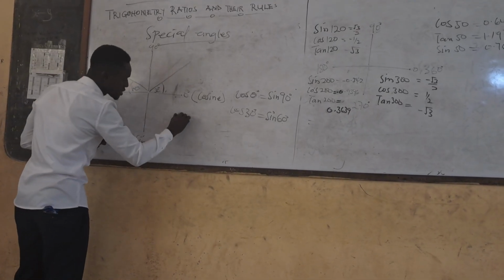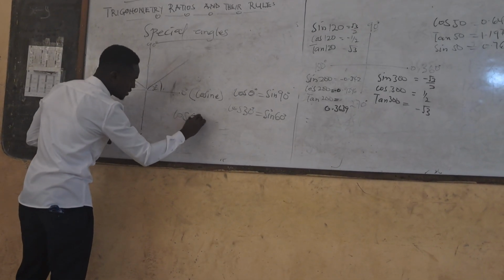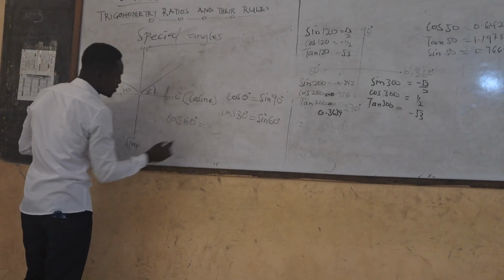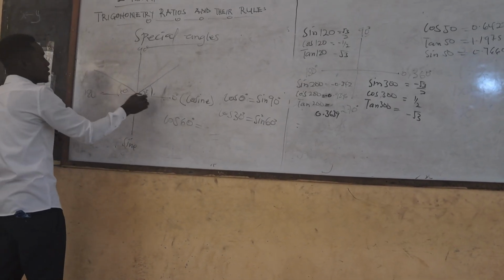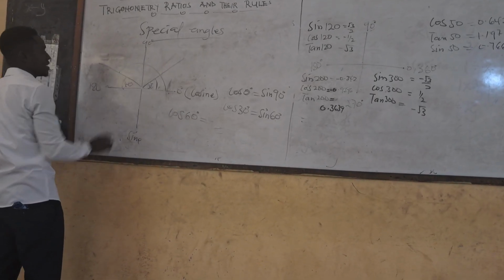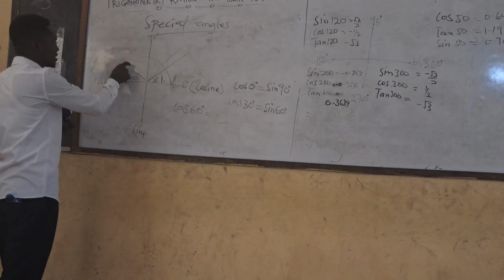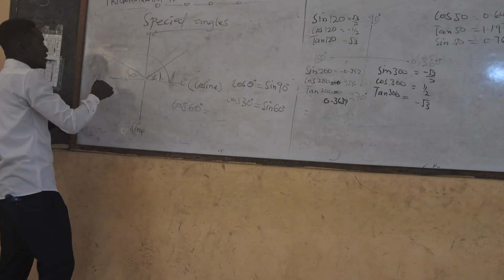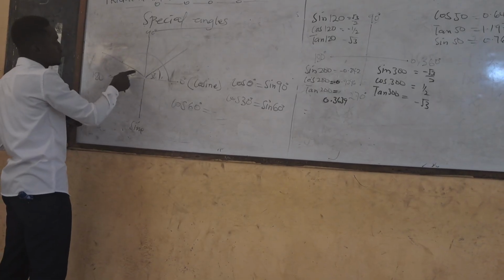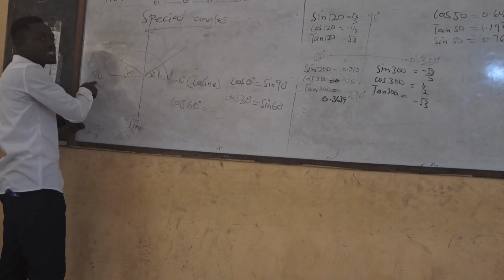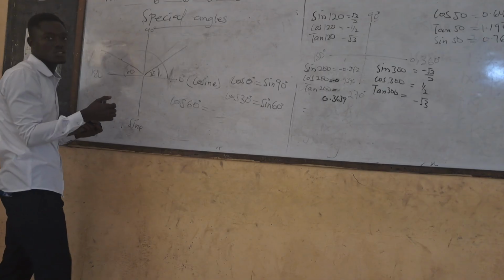Therefore, we can say cos 60 degrees is equal to, from here to here. So what will be added to 60 to get 180, which is 120.